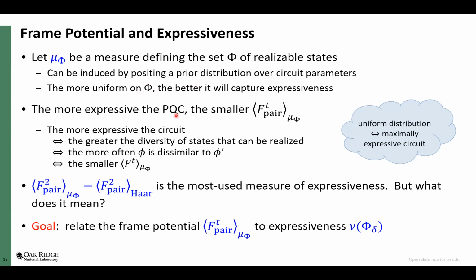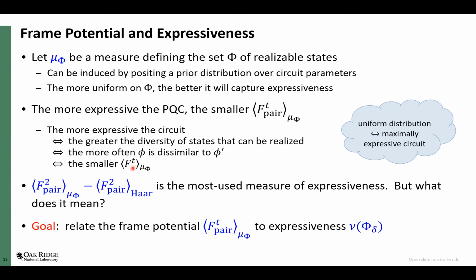So why do these frame potentials have anything to do with expressiveness? The argument is this. Intuitively, if we have an expressive circuit, that means it can create a wide diversity of states, which means that if you were to pick two of those states at random, they're more than likely going to be dissimilar to each other, which means they're going to have small fidelity.